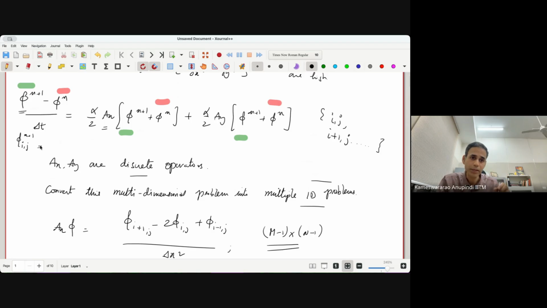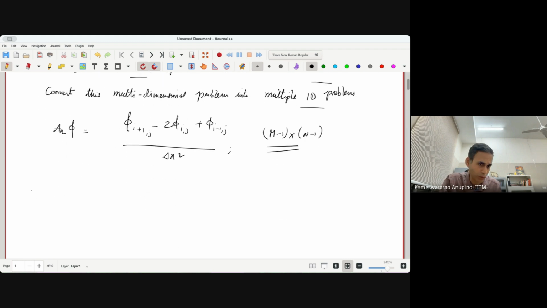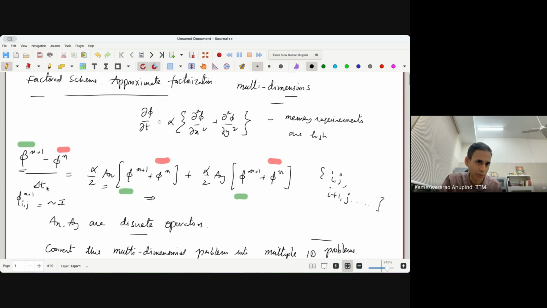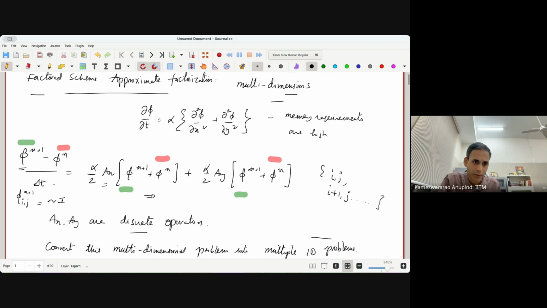If you write it in a matrix form, this results in an identity matrix, where all along the diagonal you have phi ij n plus 1, and it will be 0 everywhere else. So my transformed equation in matrix form is going to be I minus, okay, I'm multiplying delta t to the right hand side.